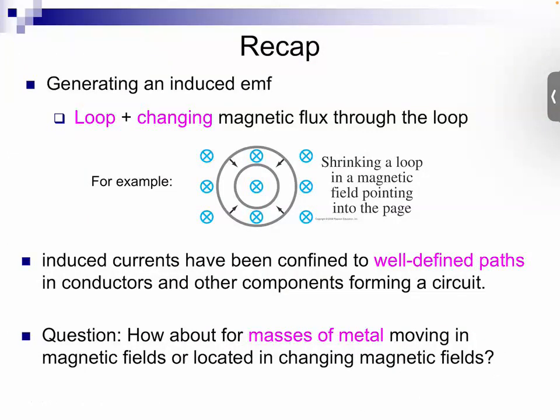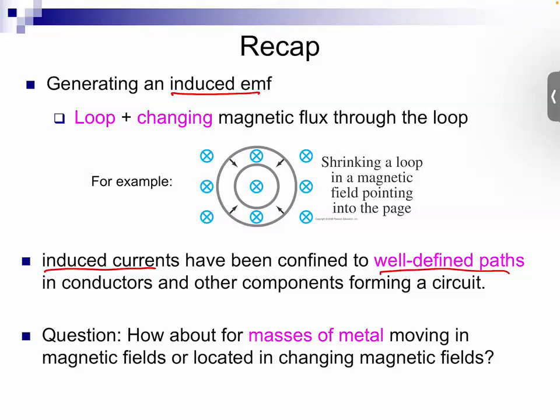But so far what we learned is when you have a wire loop and you change the number of magnetic field lines crossing this loop, it will generate a voltage or an EMF and therefore also induce or generate a current. But the loop has a well-defined path: the current is going either clockwise or anti-clockwise around the loop.